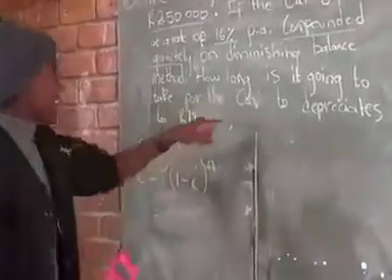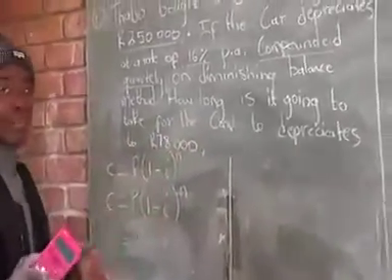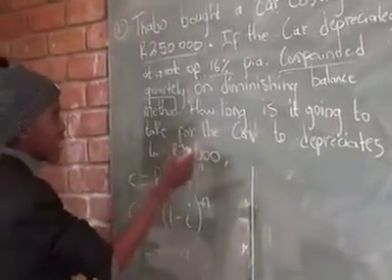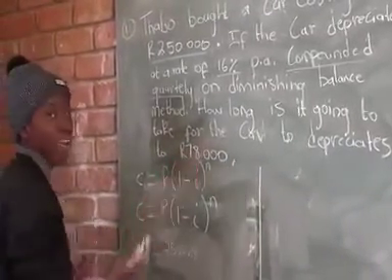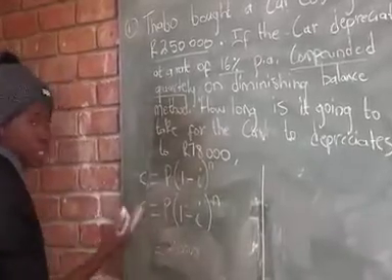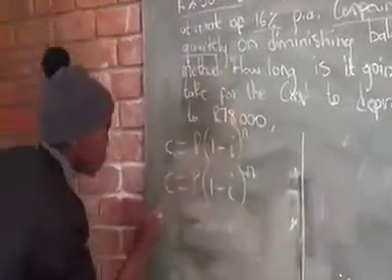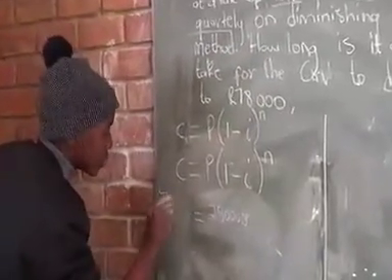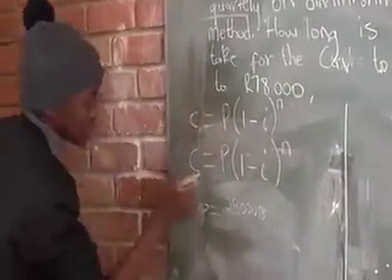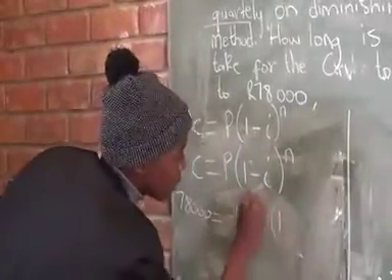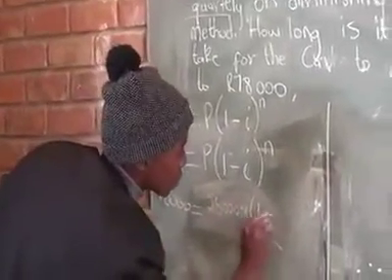The carrying value after that certain period of time, which we are trying to calculate, should be 78,000. This is our carrying value. This one forms part of the formula: 1 plus, it should be minus.